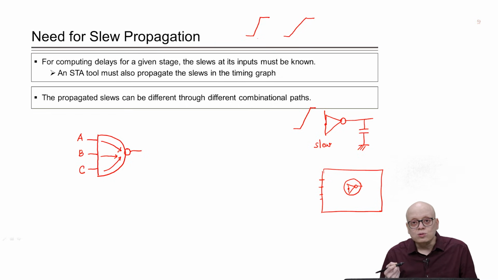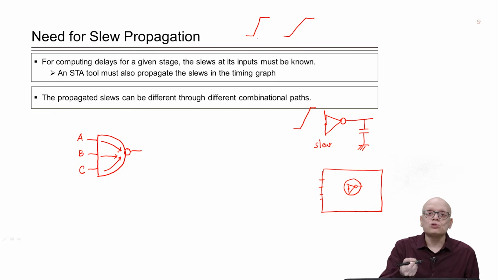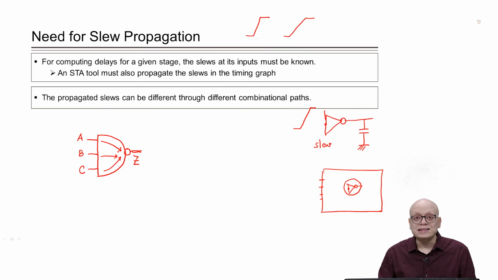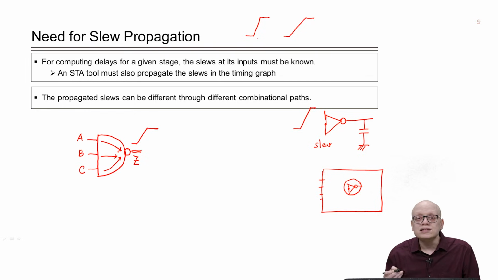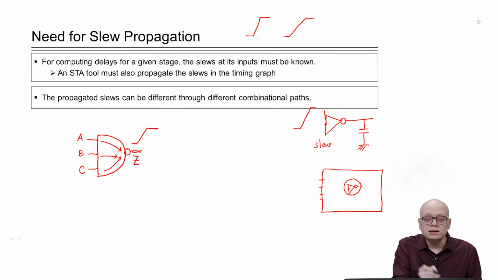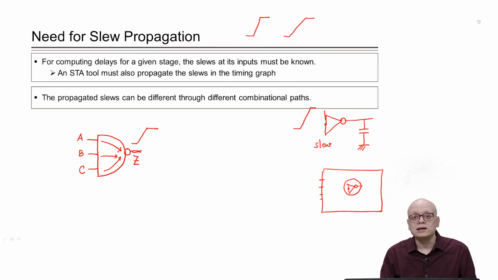When the signal comes to the pin A, that signal will encounter some delay and also have some output slew that will be exhibited at the output pin, say Z, of this NAND gate. This output slew means how fast, gently or steeply the output will be rising or falling, depending on the type of signal at the input pin.